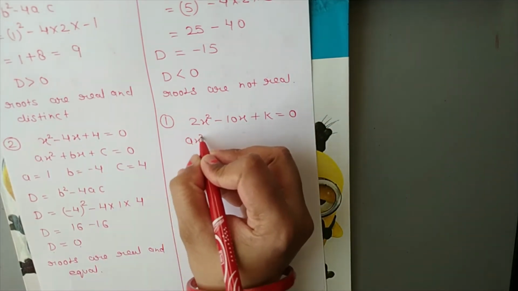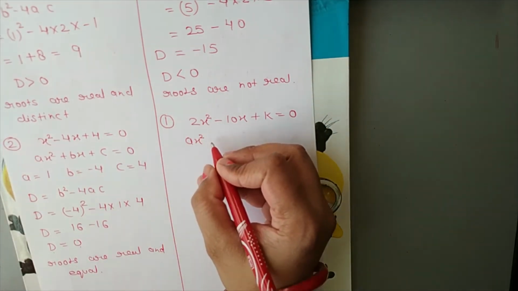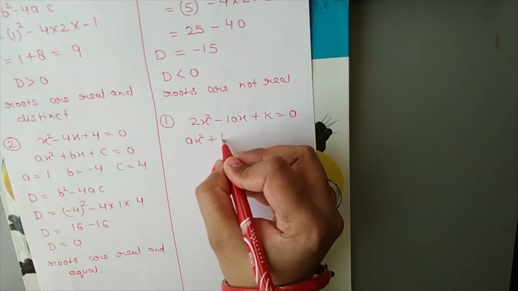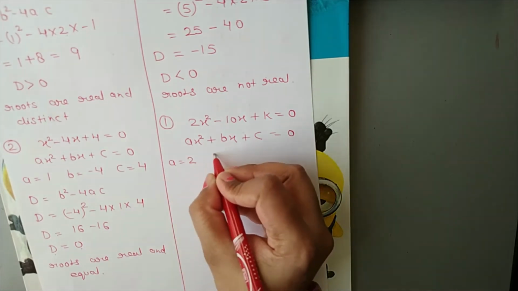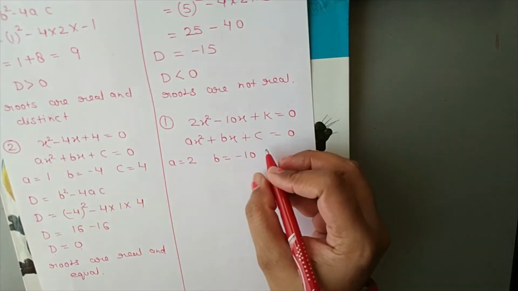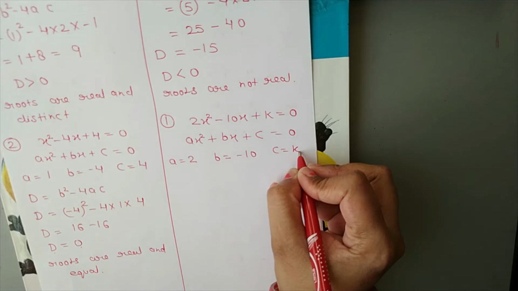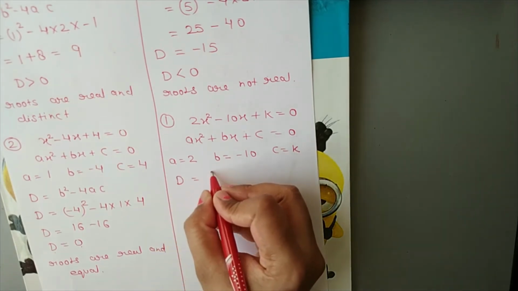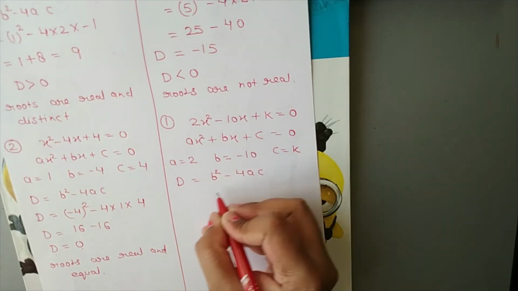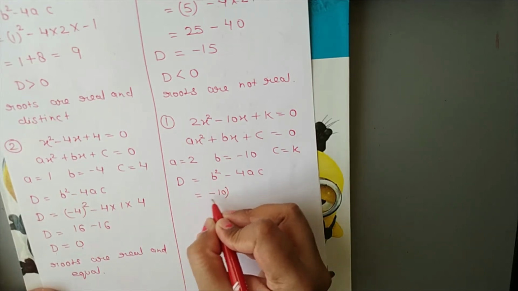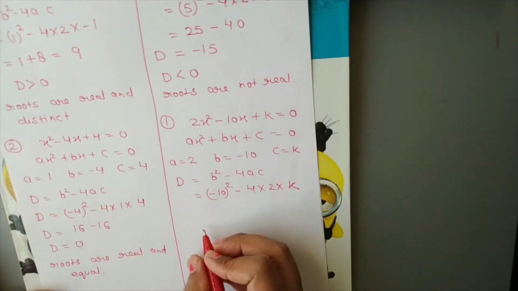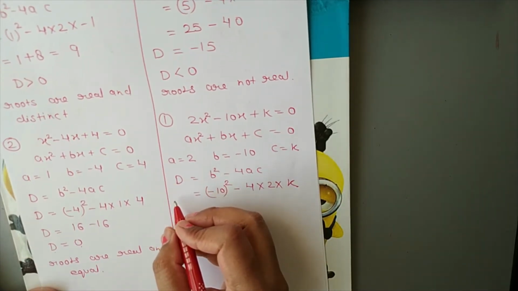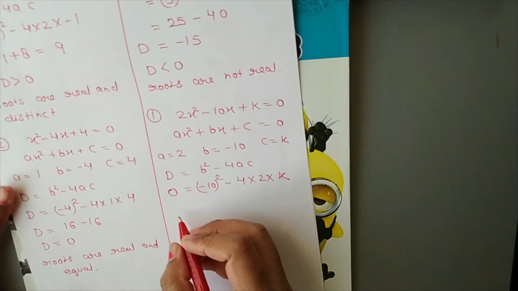Comparing with ax square plus bx plus c is equal to 0, a is equal to 2, b is equal to minus 10 and c is equal to k. So d is equal to b square minus 4ac, that will be minus 10 whole square minus 4 into 2 into k. Now this will be 0 because the roots are real and equal.